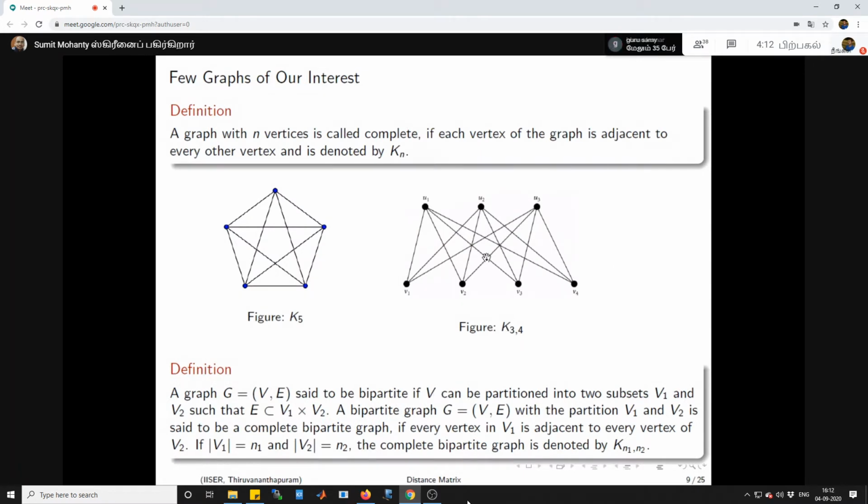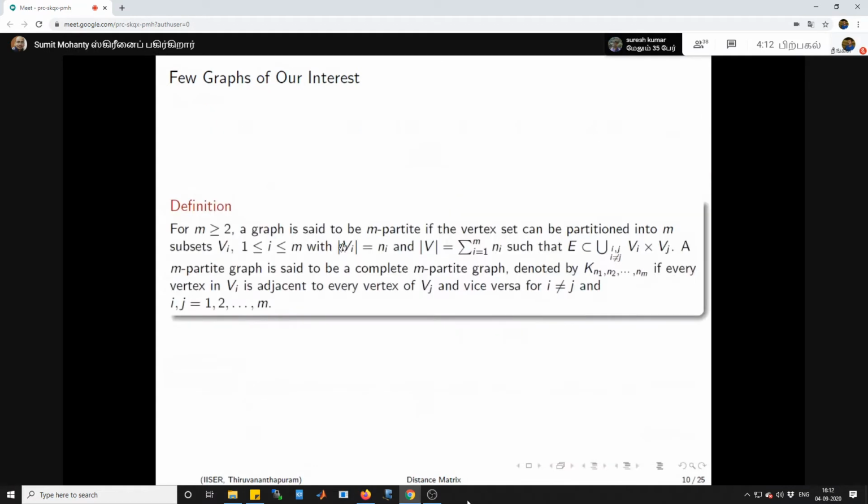In this example the size of one partition is 3 and the size of the other is 4, and it is complete because every vertex of one partition is adjacent to the second partition. So it is denoted by K3,4. This is how the complete multipartite graph notation is defined. If the vertex partition sizes are n1 to nm, the complete multipartite graph is denoted by K(n1,...,nm).